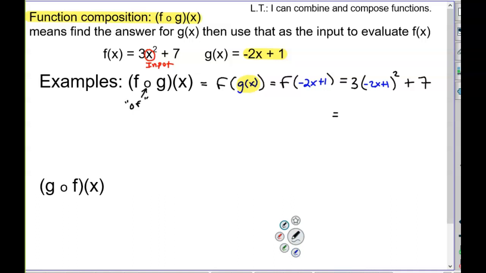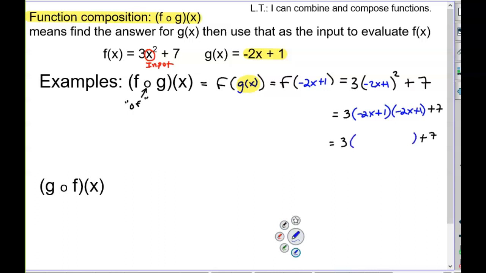But we do have to be careful, because on the simplifying side, we have to think of what it means to square. It means we have to take negative 2x plus 1 and times it by itself. So you can FOIL here, you can do some side work. If you can do this in your head, perfect. I'm going to do a little bit of side work though.